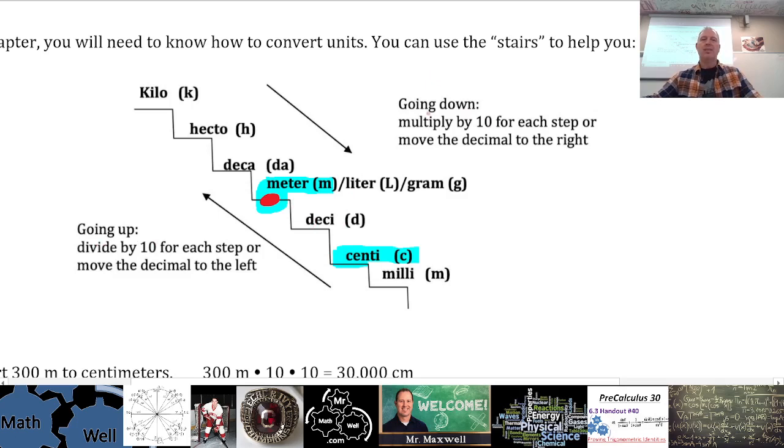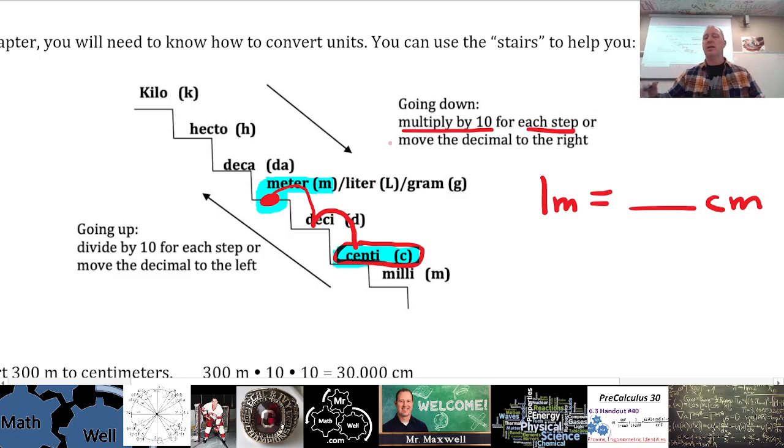So when you go down the steps, in order to convert from, and here's an example, 1 meter is how many centimeters? What you do is when you have to go down the stairs to get to the unit that you're trying to convert to, you multiply by 10 for each step. Or a really simple way to think about this, and it's really nice that our number system is based on base 10, because multiplying by 10 means we just move that decimal place to the right one spot, one place.